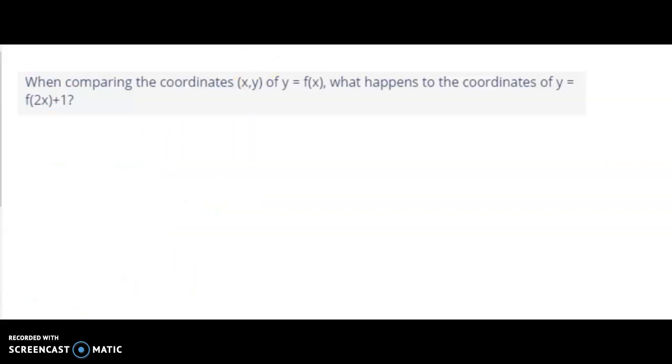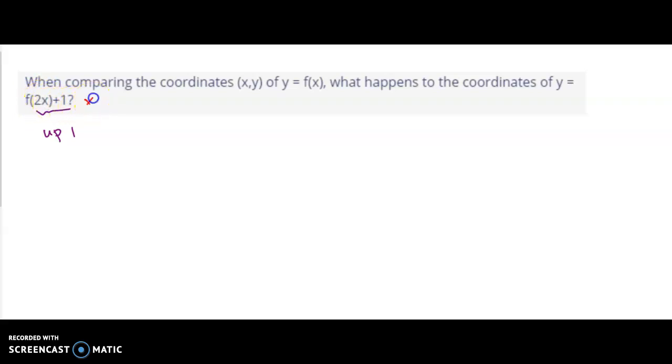All right, so for this one, what happens to the coordinates of y equals f of 2x plus 1? Meaning these are the transformations, right? So we know that this will go up 1 because of the plus 1. And for the 2x, remember we talked about in class, what do you have to multiply by to get this back to just 1x?